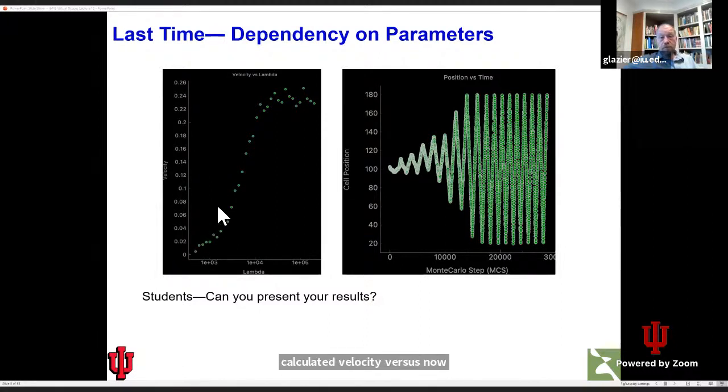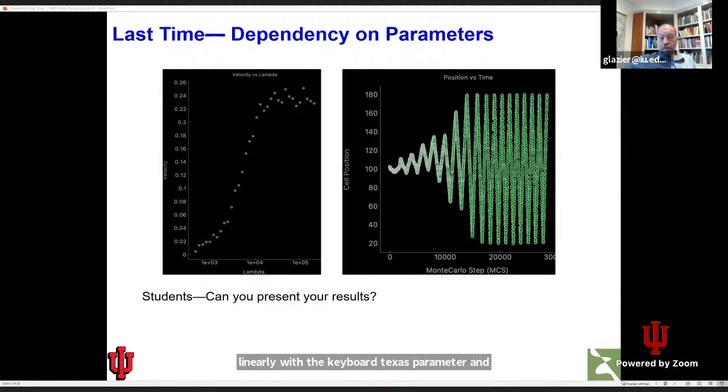We showed that for a small lambda chemo, the velocity increases rather slowly, that there's a regime where lambda chemo went from about 2 times 10 to the third to about 10 to the fourth, so a factor of 5 or so, where the velocity increases linearly with the chemotaxis parameter.